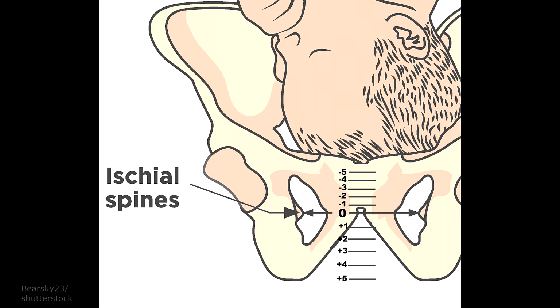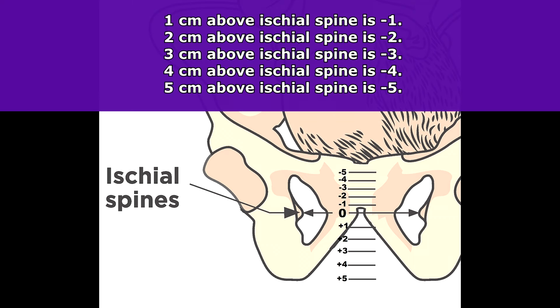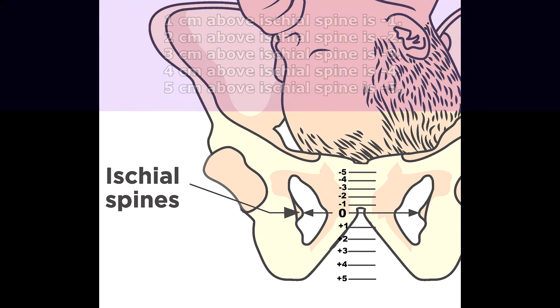So when looking at fetal station, again, we're looking at above that line and below that line. So let's go above that line. 1 centimeter above the ischial spine would be referred to as minus 1. A 2 centimeter measurement above that line would be minus 2, and so forth until we get up to 5.